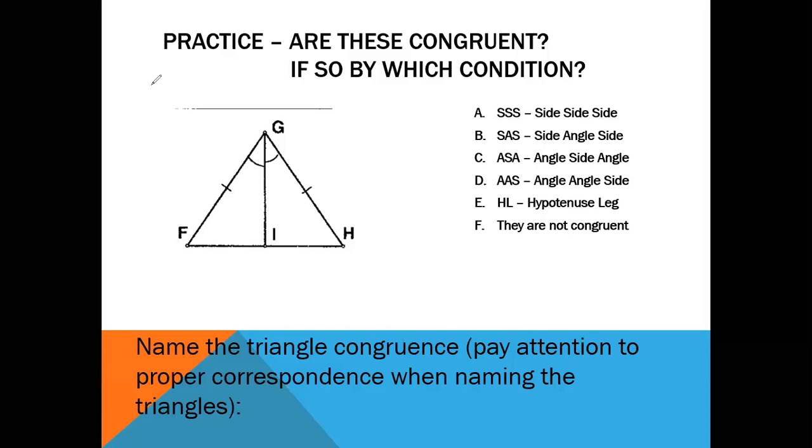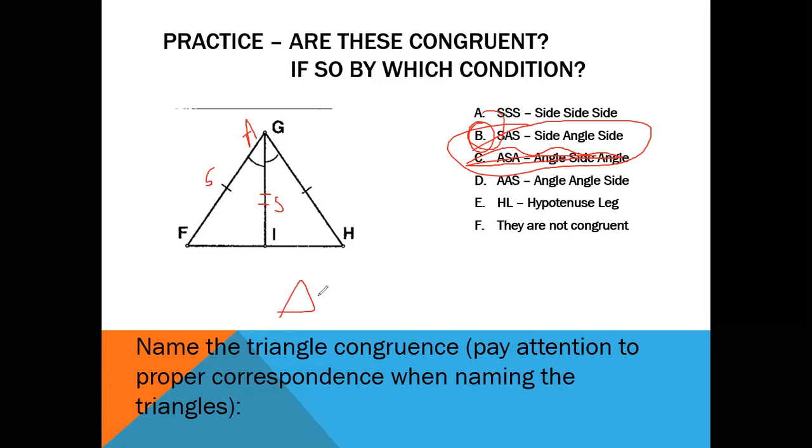Good, which side? The one that they share. Good, the one in the middle. So you're allowed to mark that because they share that side. So I have side, angle, side. So that would be B. Answer choice B, side, angle, side.